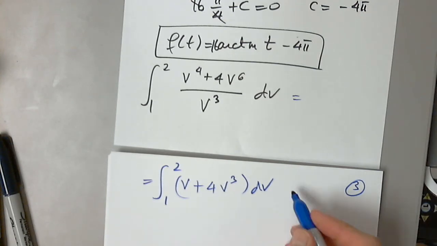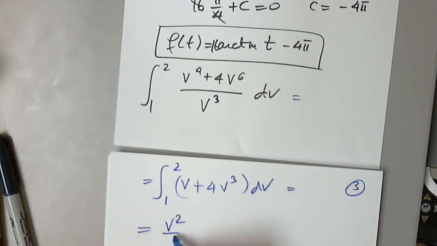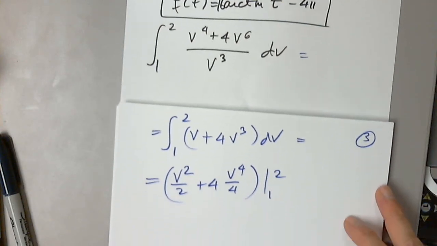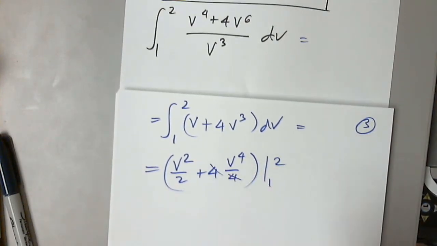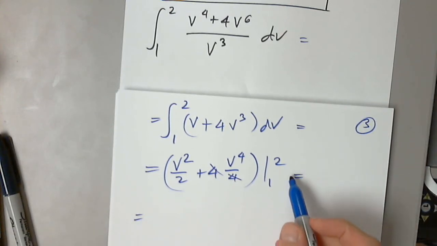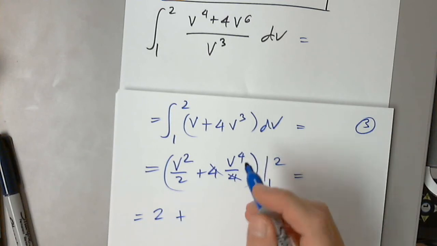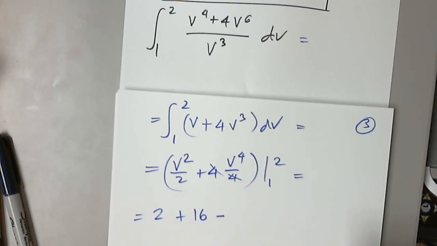So this is v squared over 2 plus v to the 4th over 4, everything from 1 to 2. I will simplify just these 4's, and then I plug in 2. So 4 divided by 2 will be 2, plus 2 to the 4th is 16. Don't forget minus. I plug in 1, 1/2, and minus again, 1.